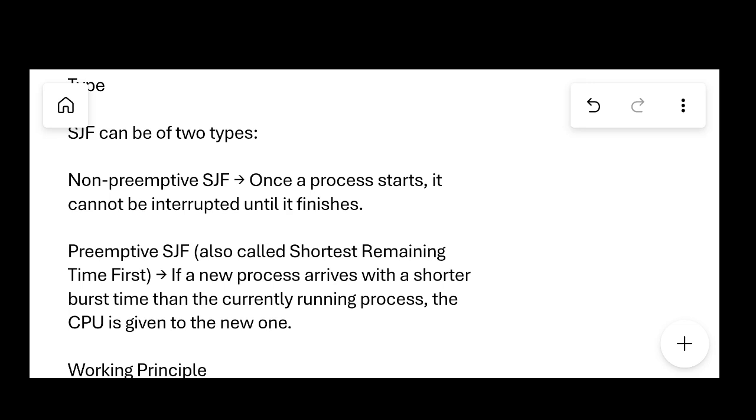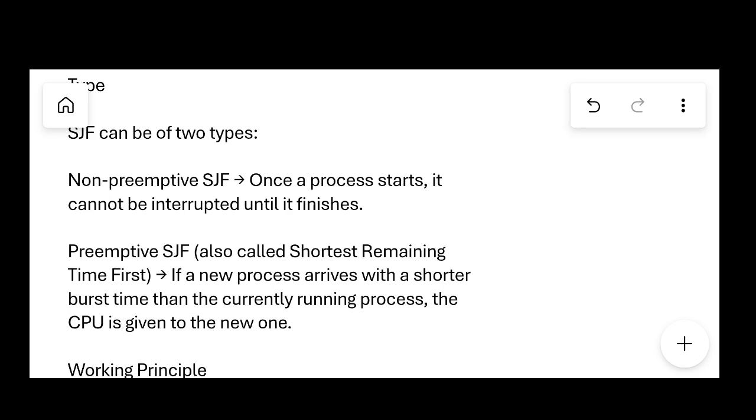But what if the first patient's treatment will take 3 hours and the next patient only needs 10 minutes? If the doctor sticks to FCFS, then the 10-minute patient has to unnecessarily wait for 3 hours. So this increases the waiting time for small tasks.